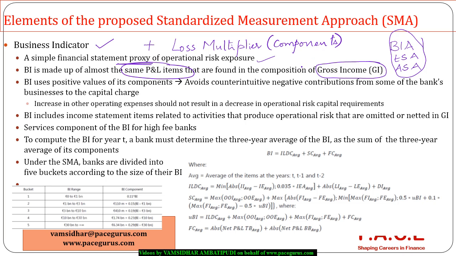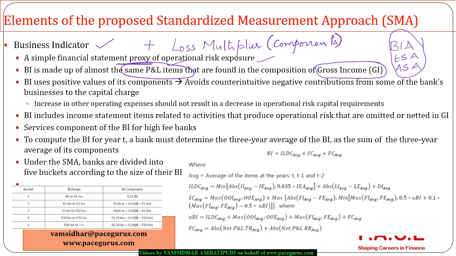The gross income contains various items from the profit and loss statement itself. Here, the business indicator also has almost the same P&L items that are there in the gross income.